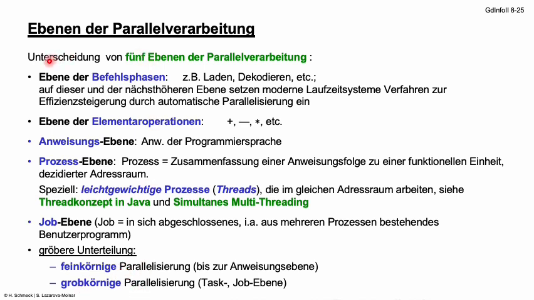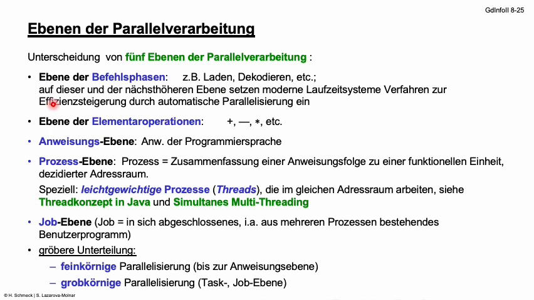But in general, we can have parallelization at the instruction phase. We already discussed that we have fetch, decode, and execute, the different phases of how instructions are processed. And you can already have there some level of parallelization or pipelining.